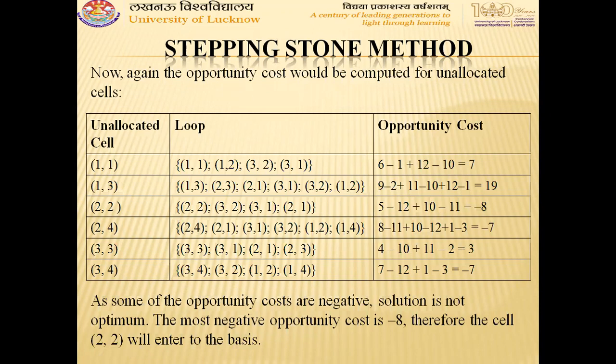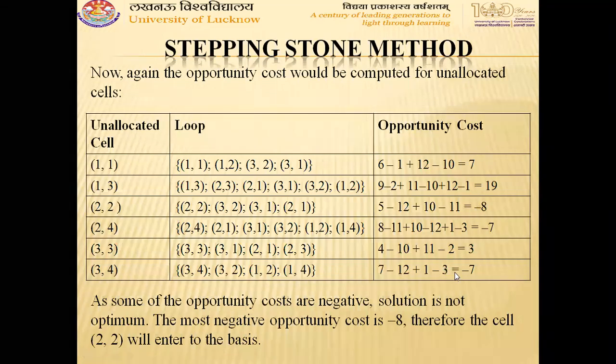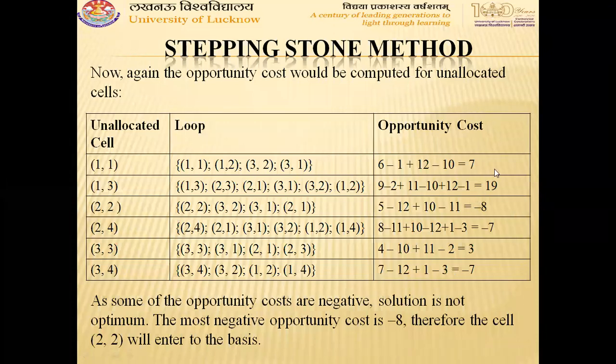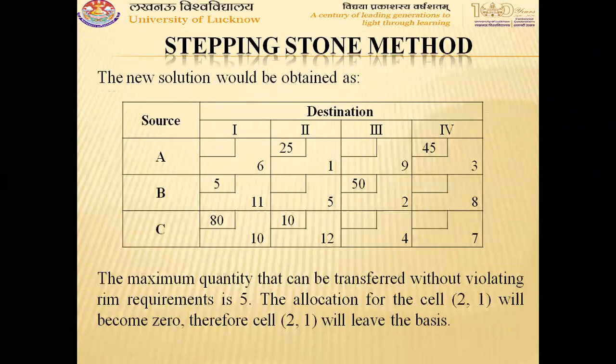Here we can see that three opportunity costs, that is for cell 1 comma 1, 1 comma 3, and 3 comma 3 are positive, whereas for other cells 2 comma 2, 2 comma 4, and 3 comma 4 are negative. That is our solution is not optimum. So the next most negative opportunity cost is -8. That is cell 2 comma 2 will enter to the basis.